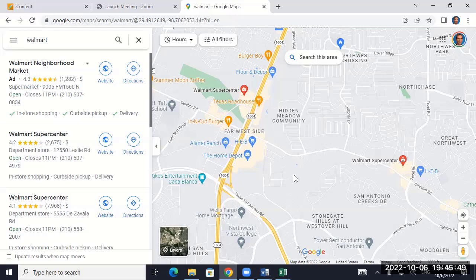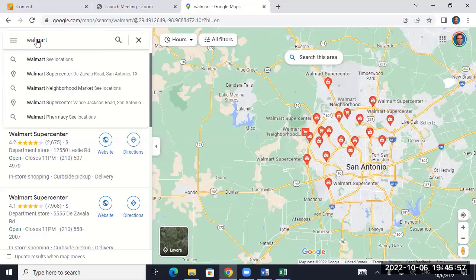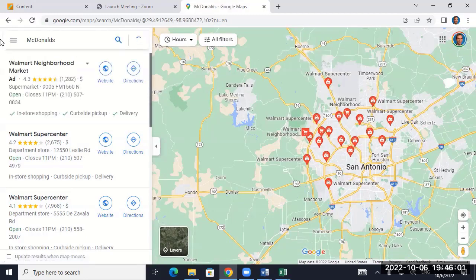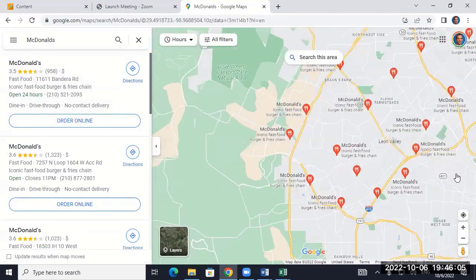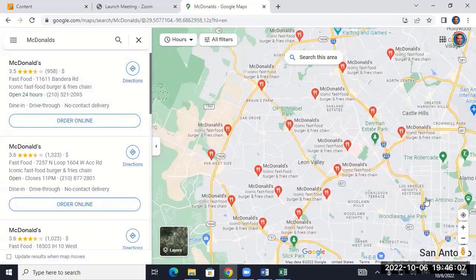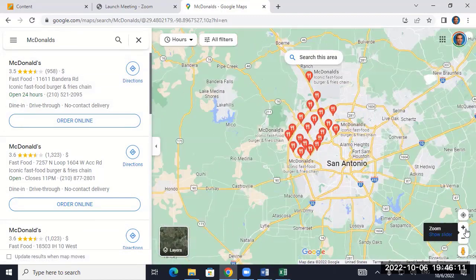What else do you notice about the Walmart placement? Next to HEB, is that part of their plan? That does seem to be part of it. There's McDonald's. You notice a good spacing, though, don't you? There seems to be a plan.